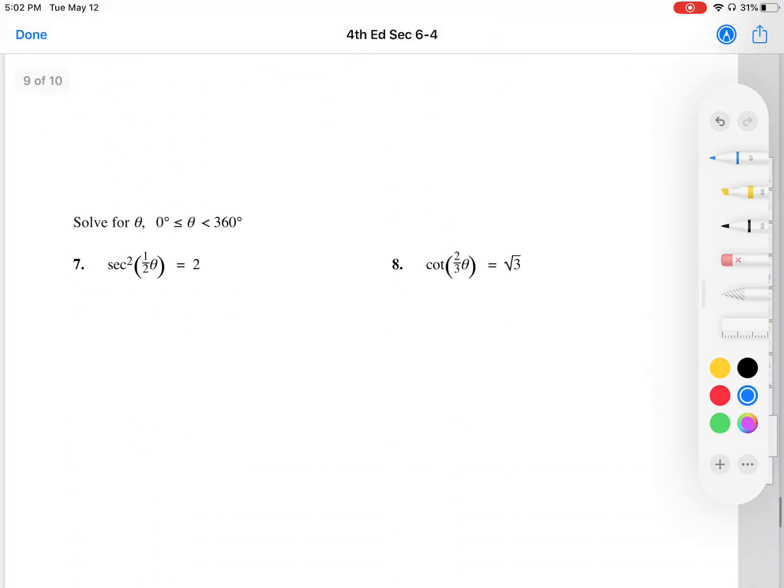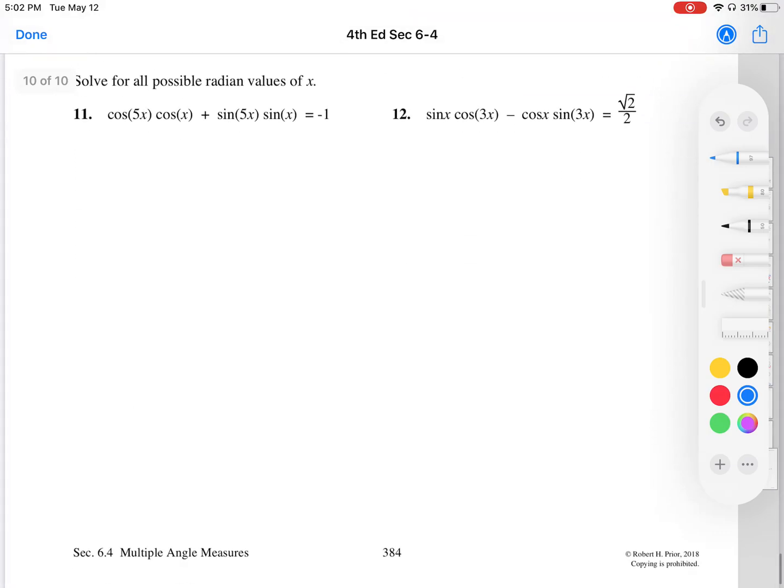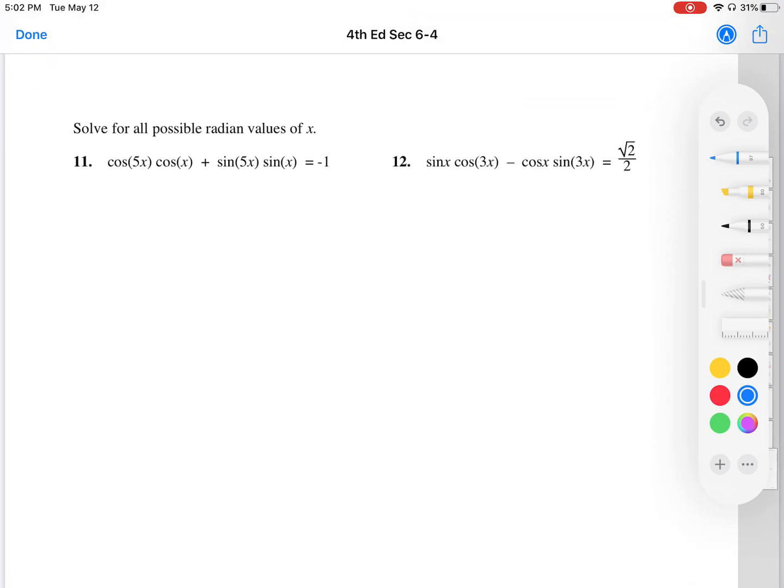For 11, it was just like our last example in class. It looks like one of those identities. I have cosine, cosine, and a plus.